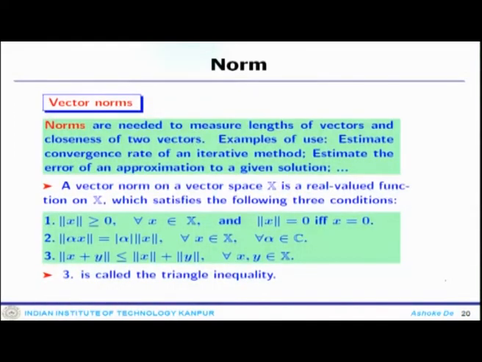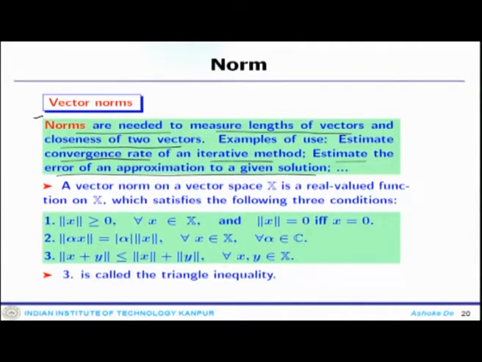Now, once you get the inner product of two vectors, you can estimate the vector norms. How do you get that? Norms are needed to measure lengths of vectors and closeness of two vectors. For example, you can estimate the convergence rate of an iterative method, or estimate the error of an approximation to a given solution.